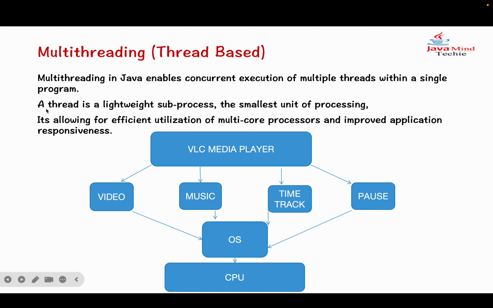That's why I can say a thread is a lightweight sub process. The process is VLC media player, but inside it you are also performing multiple tasks. That is also called a subtask. So this is the smallest unit.